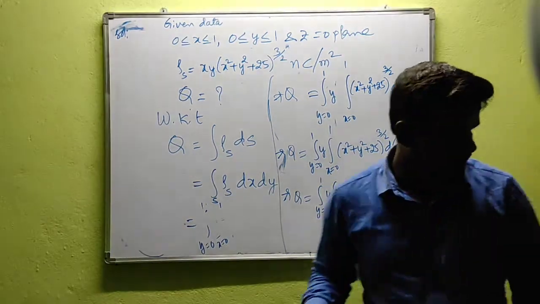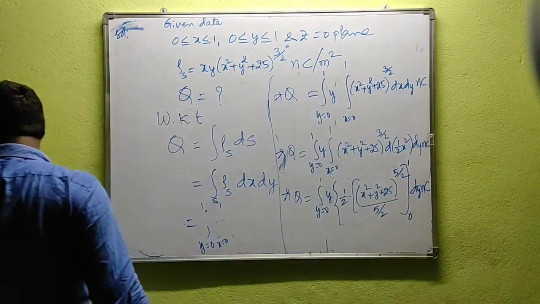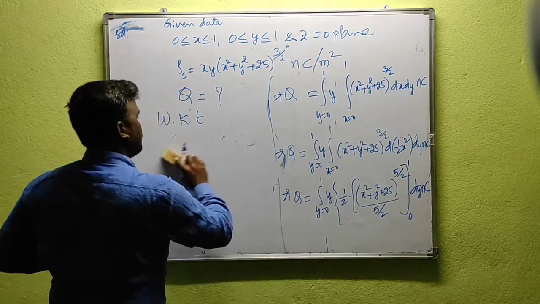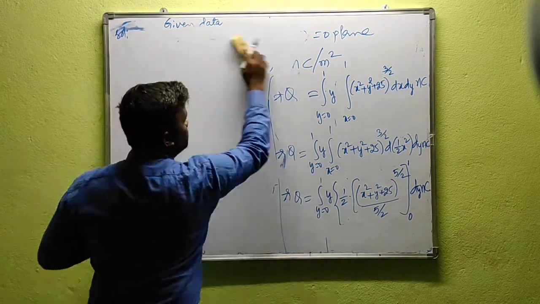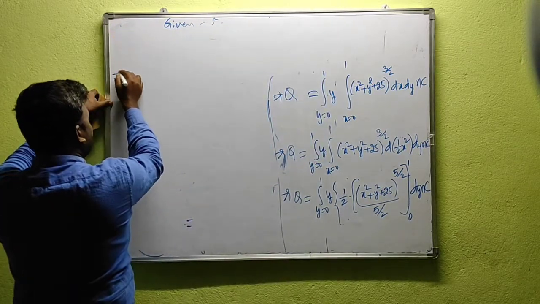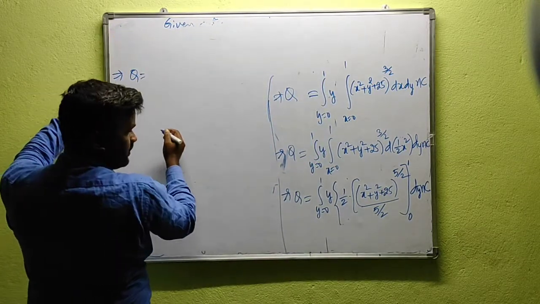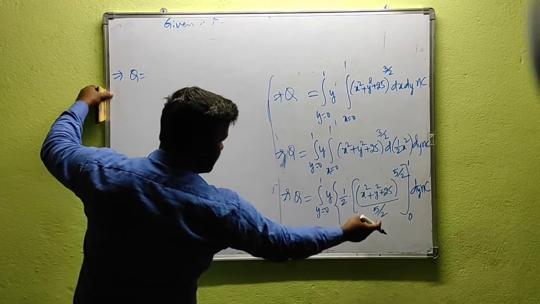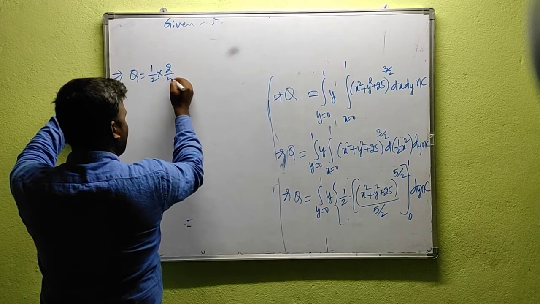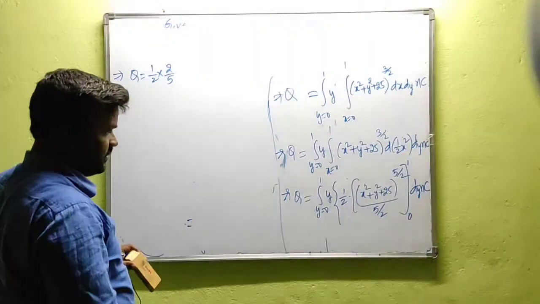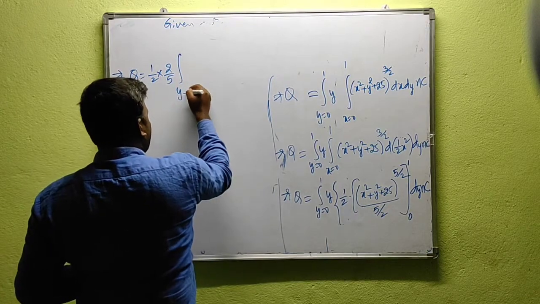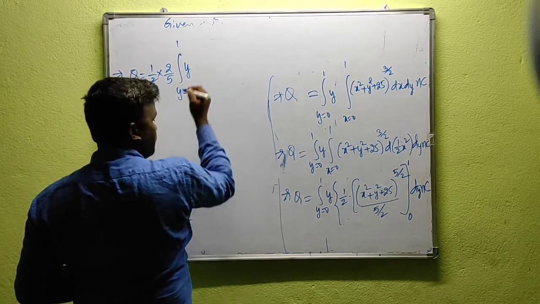Now let us simplify this part also. It implies q is equal to 1 by 2 into 2 by 5, integral y equal to 0 to 1, y into the remaining part.